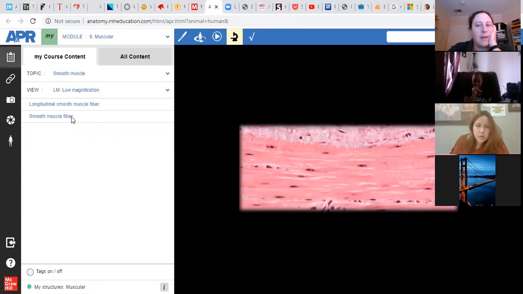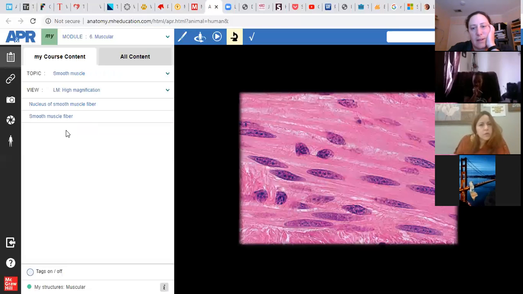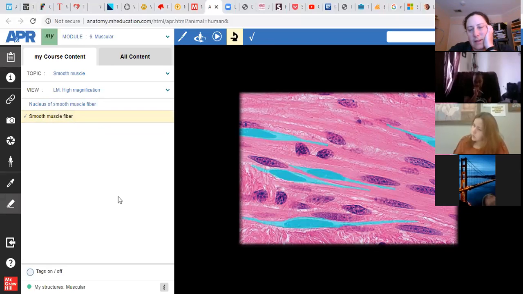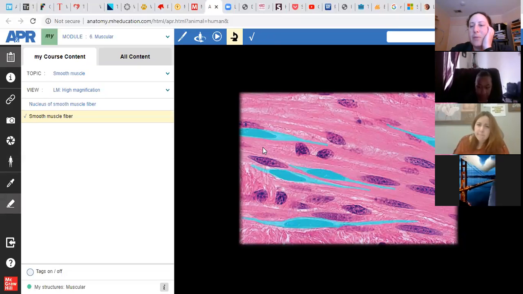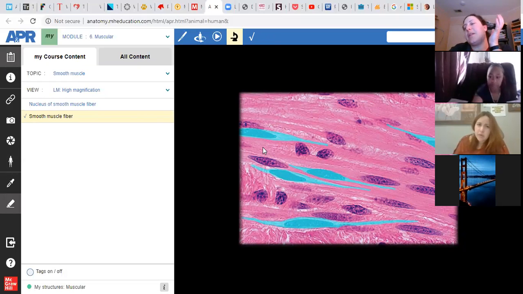And this is low magnification, showing you the smooth muscle, mostly in longitudinal section. And then this one is nice because it highlights that fusiform shape of the smooth muscle. But again, for our purposes, we just need to be able to identify the type of tissue, right? It's just tissue type.